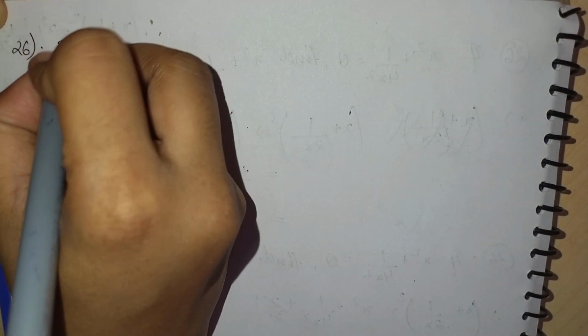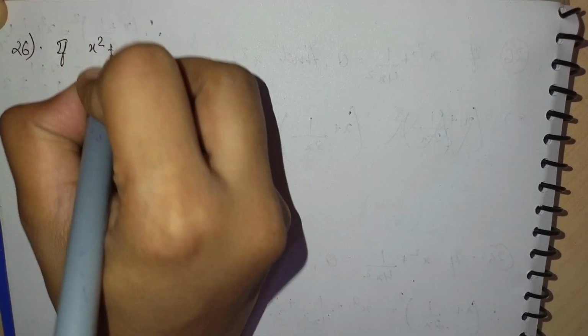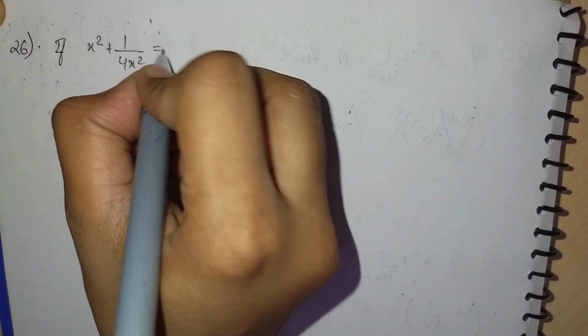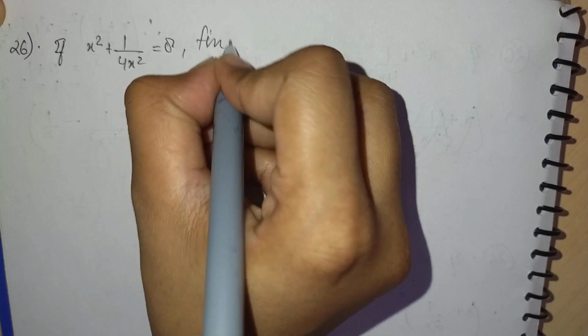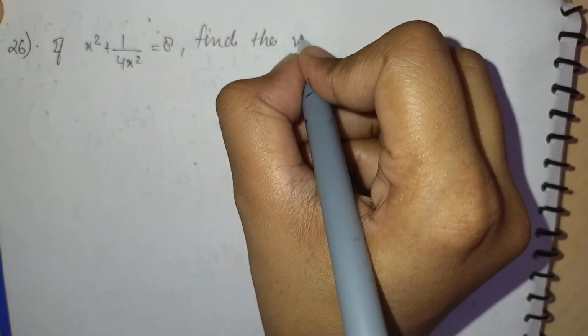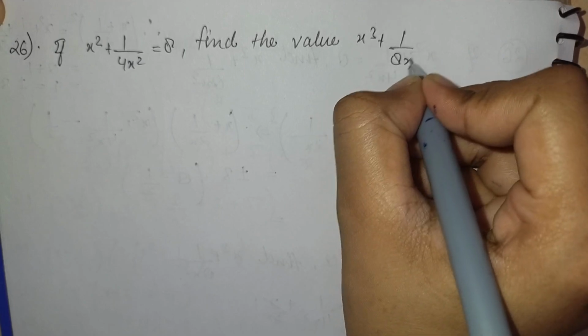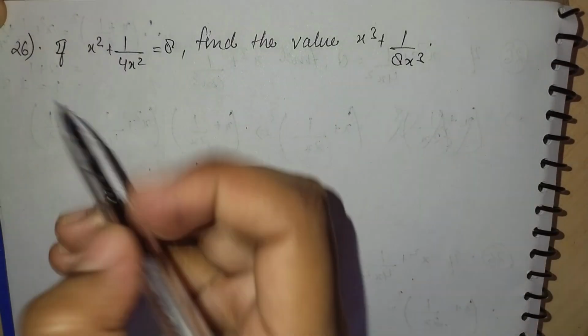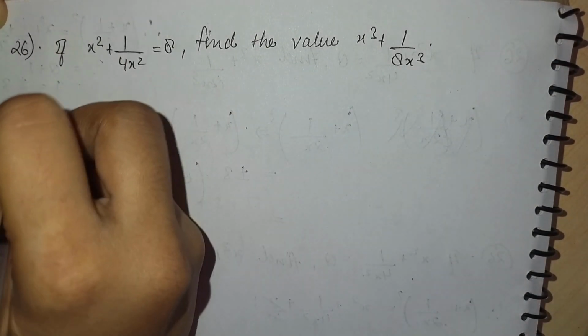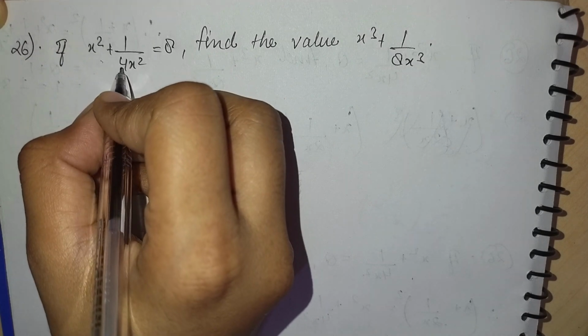Here the 26th question says that if x square plus 1 by 4x square equal to 8, then find the value of x cube plus 1 by 8x cube. So firstly we will find the whole square of x plus 1 by 2x.